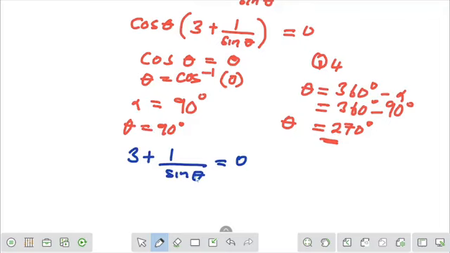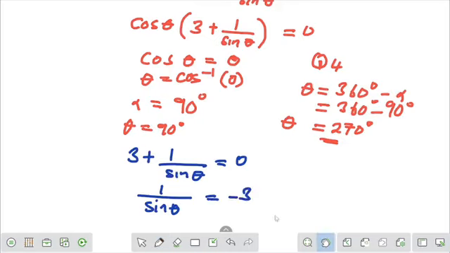Again, we want to find the value of theta. We can let this 3 go to the right-hand side, so we remain with 1 over sin theta is equal to negative 3.